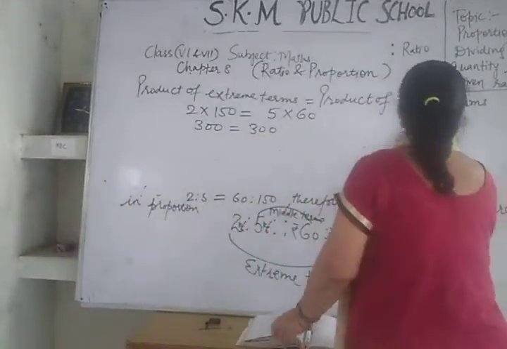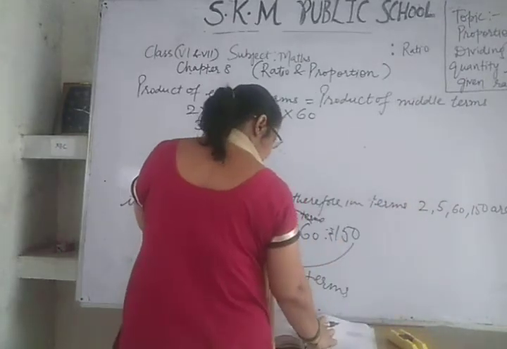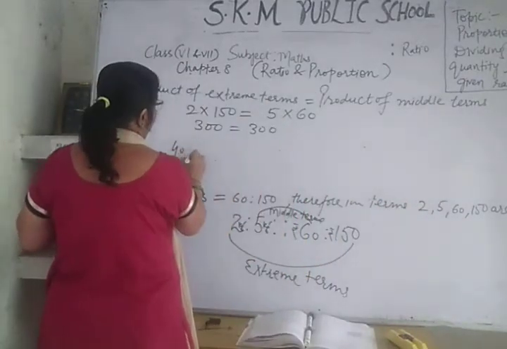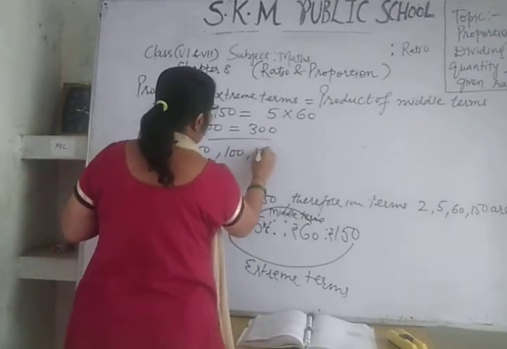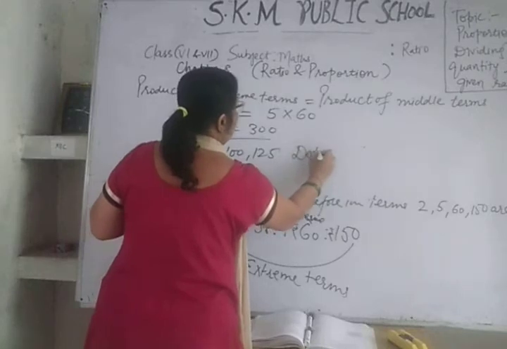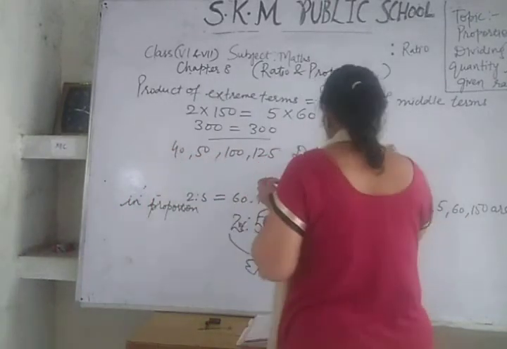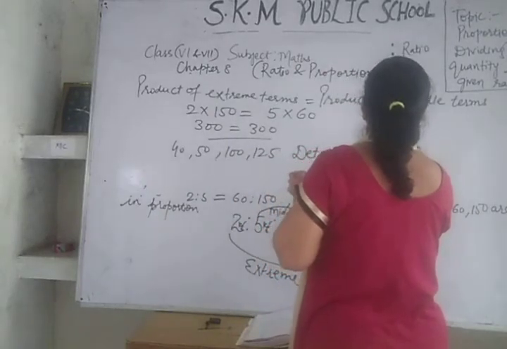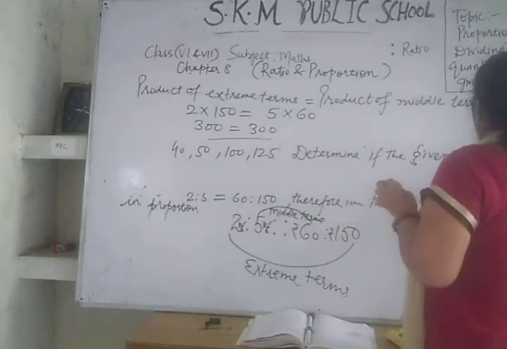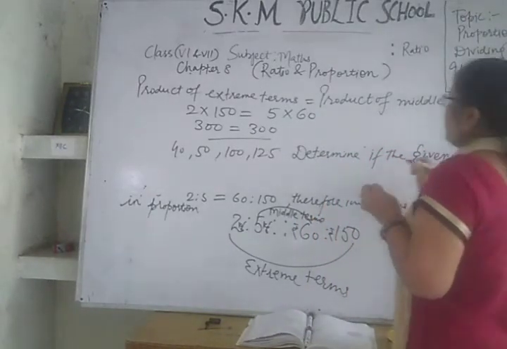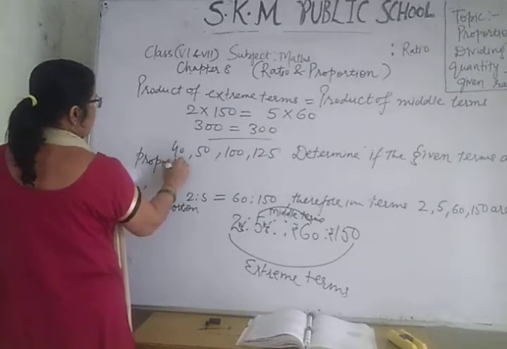Determine if the following are in proportion: 40, 50, 100, 125. Determine if the given terms are in proportion.